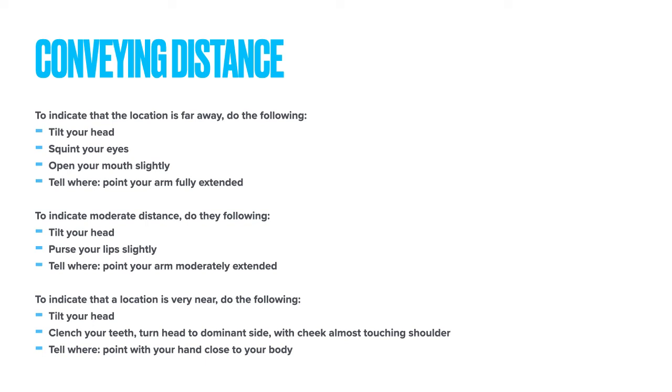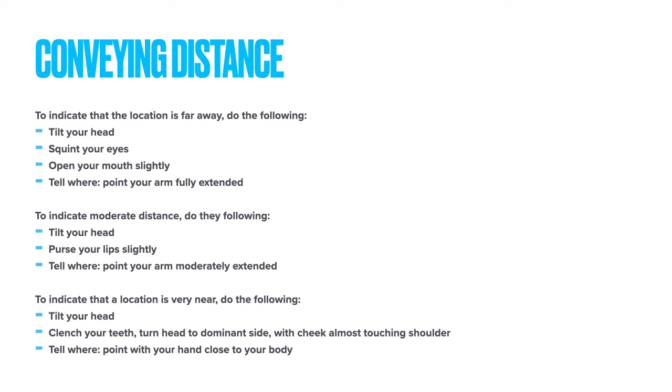But for doing all these, you're probably not going to be super dramatic, but you're going to tilt your head a little bit. If it's far away, squint your eyes, open your mouth very, very slightly. And then you're going to point your arm fully extended, showing how far away this is.